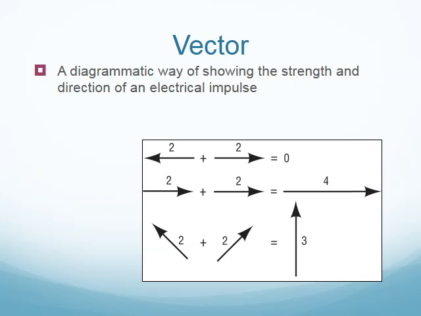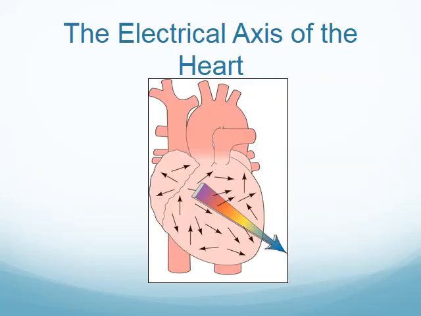So with 2 going this way and 2 going that way, they end up going to 3 in the middle, or the average direction of which way they're going. This is what I mean when I'm talking about the mean flow.